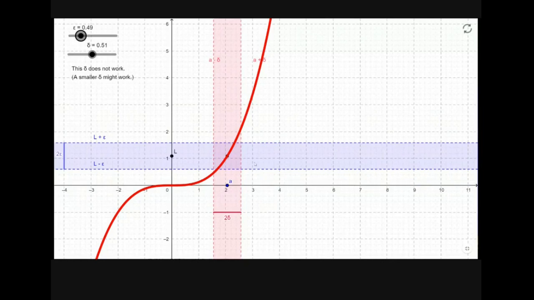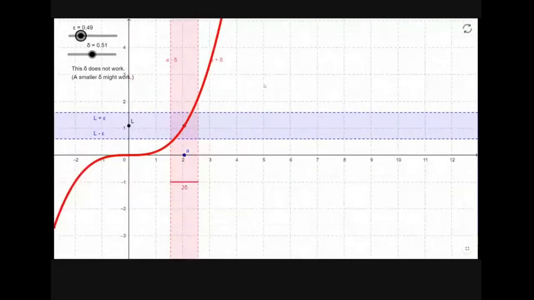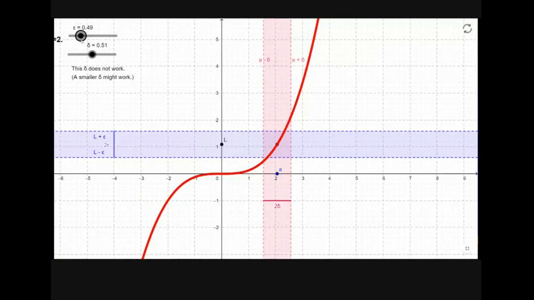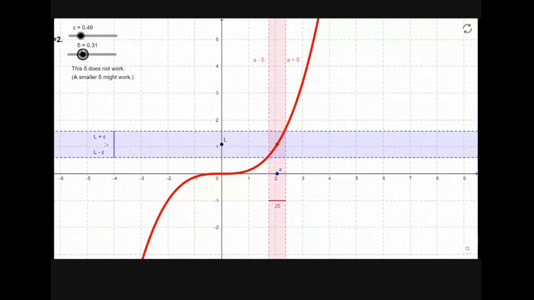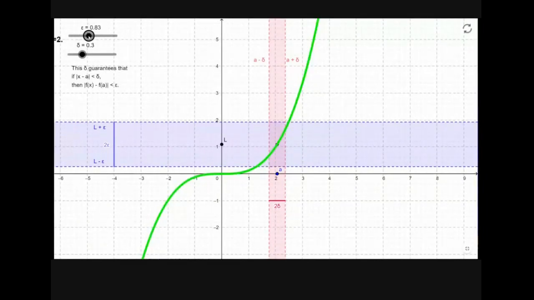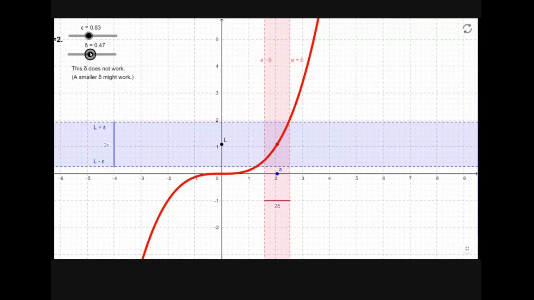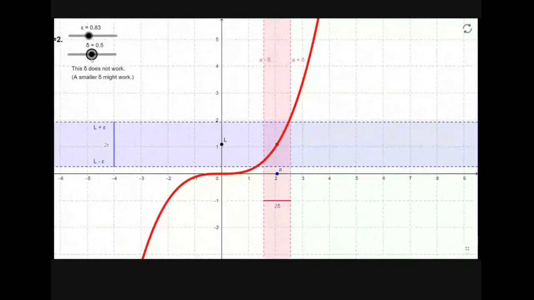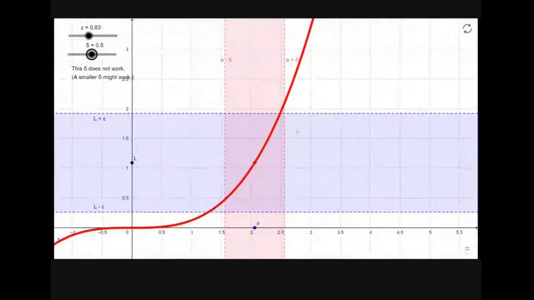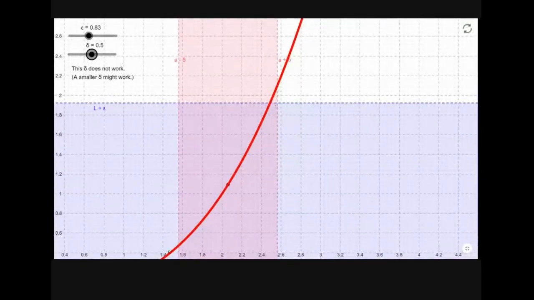For this epsilon, observe that the delta should be around this. The green region is where delta is good. A delta lesser than this is good, but when delta goes beyond that, observe that at this point it's outside the range.